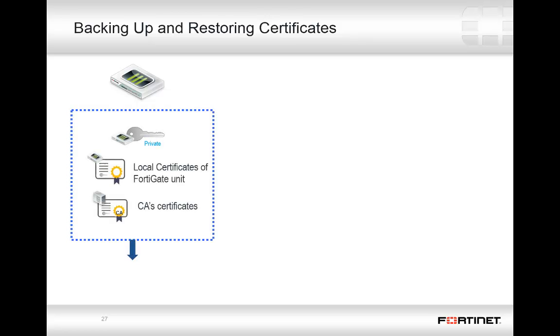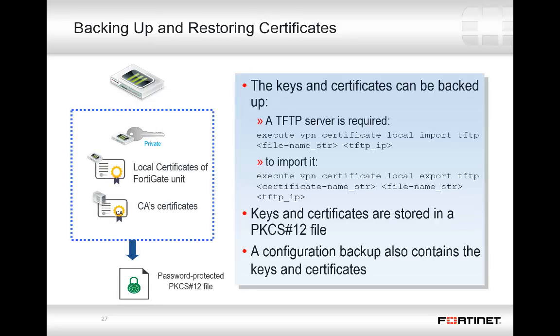Digital certificates stored in a FortiGate device can be backed up to a PKCS12 file. The file will include the keys, private and public, and the certificates themselves. The backup and restore can be done only from the CLI and requires the use of a TFTP server. Once this information is backed up, we can restore it back to the same FortiGate device.